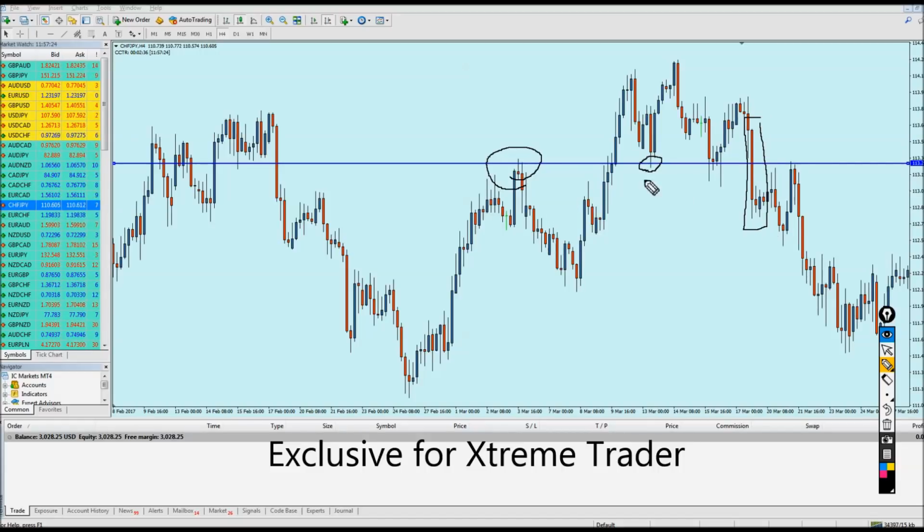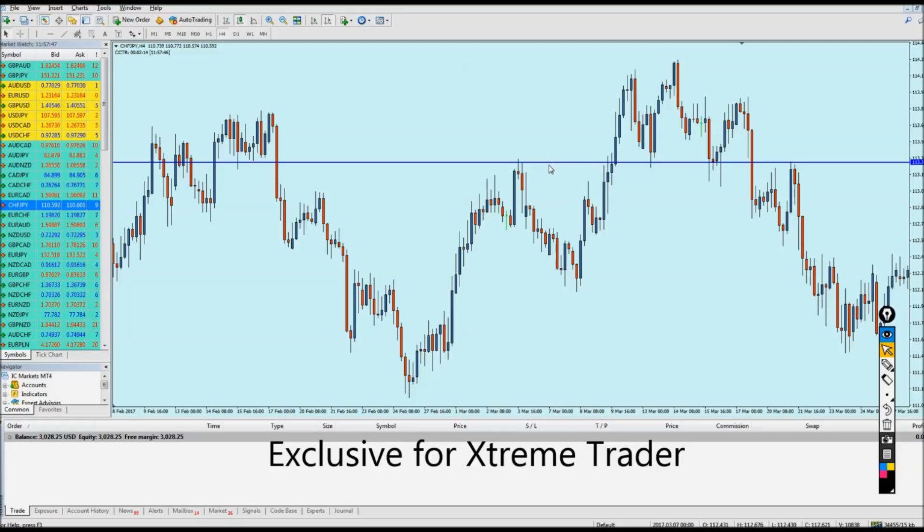Then we will look for this same level on a resistance, and you can see you can sell on the point. Guys, look at how beautiful and accurate this is. This way you didn't miss a single pip. The reversal happened exactly on the given level, on the given line.